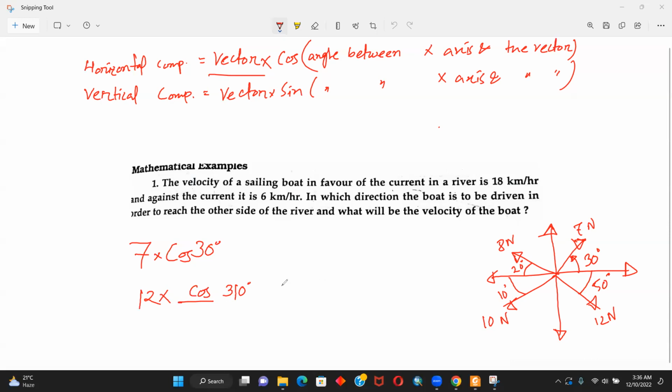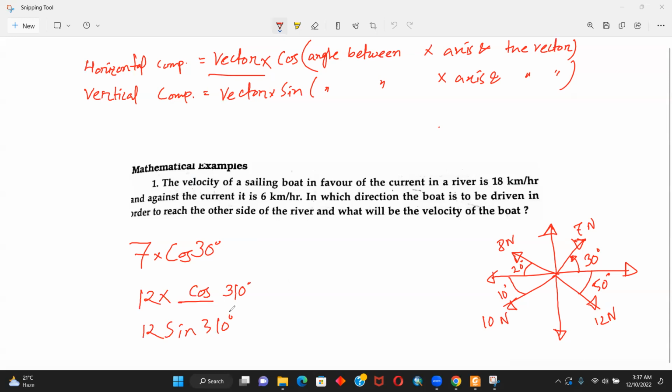And in case of the vertical component, what will be the scenario? Just replace it with sine. Exactly. It's that easy. Nothing difficult in here. The angle remains the same, even the vector remains the same. What changes from horizontal component to vertical component is just the trigonometric ratio. It changes from cosine to sine. Nothing different here.